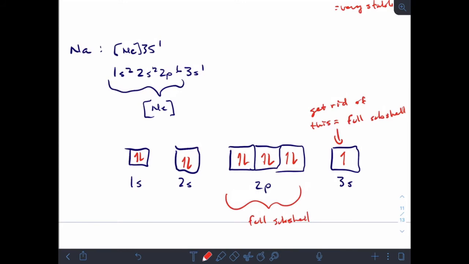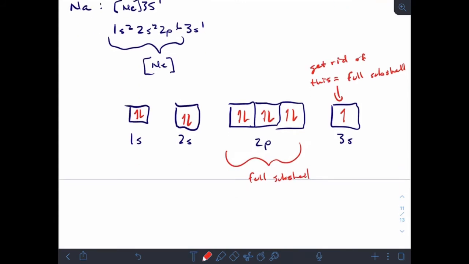So this is why sodium gets rid of 1 electron and not 2, 3, or 4. Because if it gets rid of 1, then it has a full subshell, which is particularly stable. So to make Na+, we get rid of 1 electron to get that completely full p subshell.